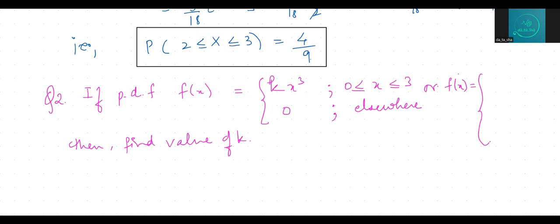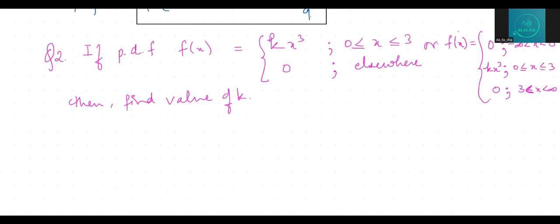That means from minus infinity to 0, it is 0 elsewhere. So the function value from minus infinity to 0 is 0. It is kx cube when we are talking about the 0 to 3 interval, and it is again 0 from 3 to infinity, the real line.